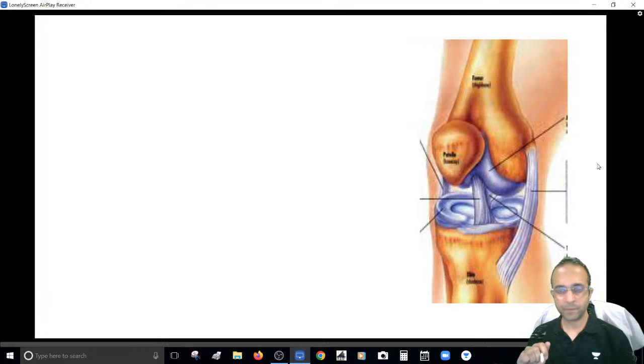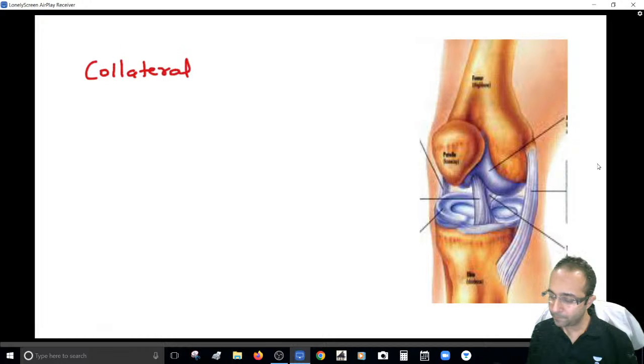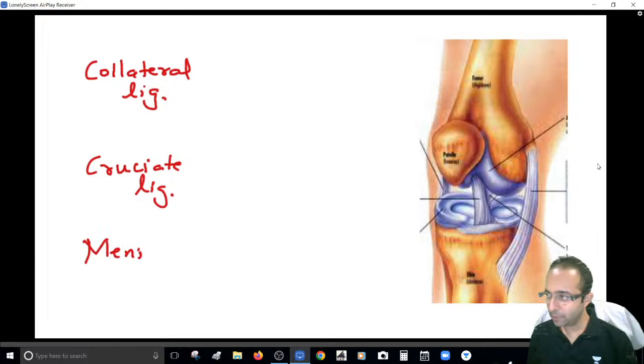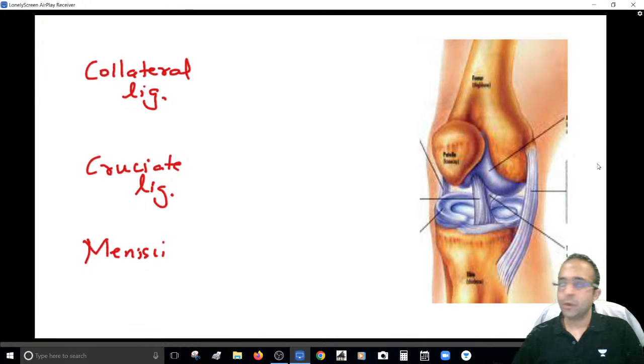So in a simple way, the knee joint is stabilized by 3 groups of structures: the collateral ligaments, the cruciate ligaments, and eventually the menisci. Now let me first brief you about how a particular ligament helps in stabilizing the knee.